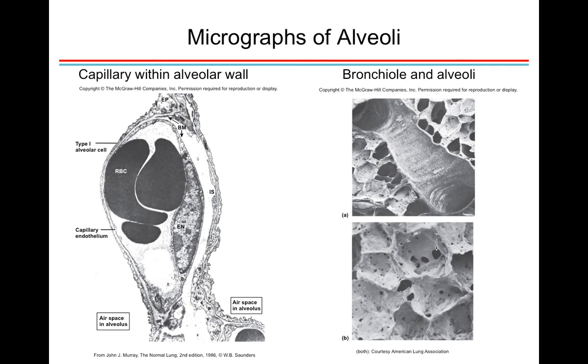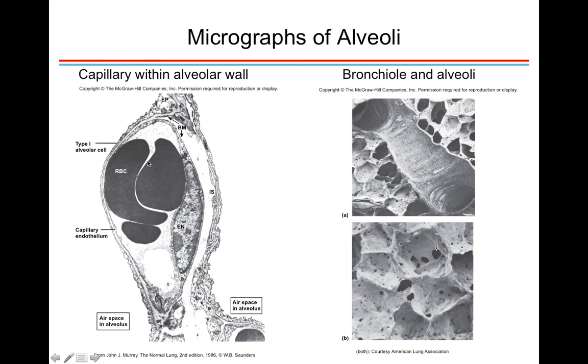Here are electron micrographs showing some more detail. Here's this bronchiole, and then at the end we have the alveoli, and here's a close look of the capillary that's in the alveolar wall.